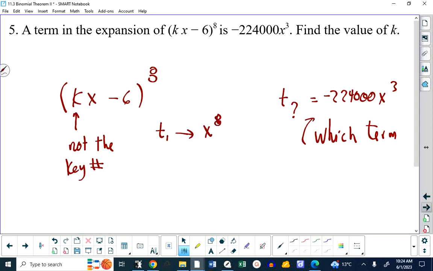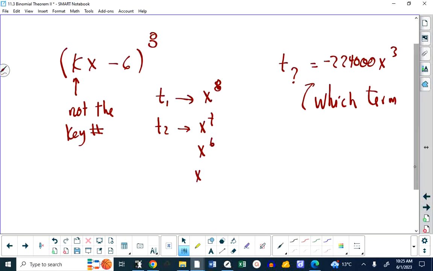The first term will contain x to the 8. It's not even x squared to the 8, it's x to the 8. The second term will contain x to the 7. Let me see if I can get my numbers counted correctly this time. We're going to go down until we get to x to the 3, because the term we know is x to the 3. So x to the 6, x to the 5, x to the 4, x to the 3.